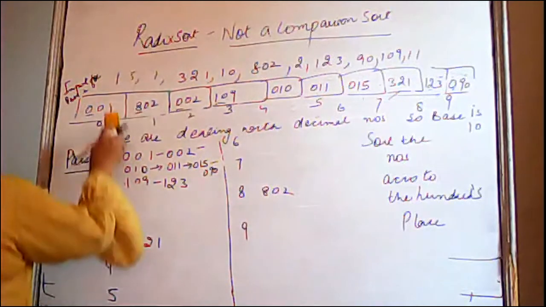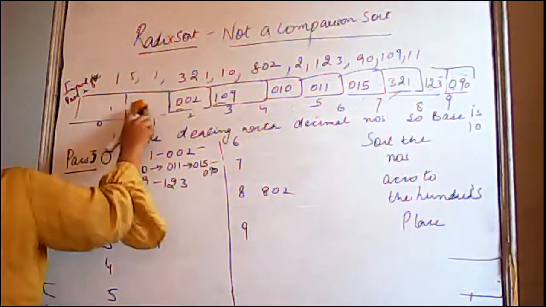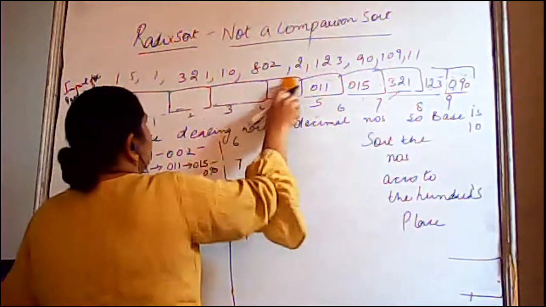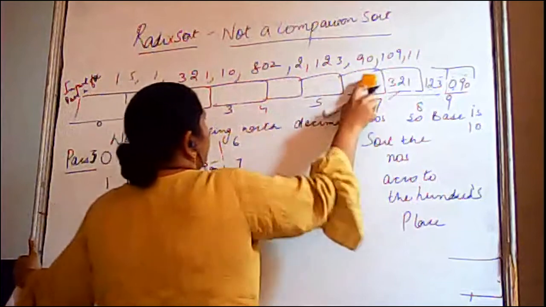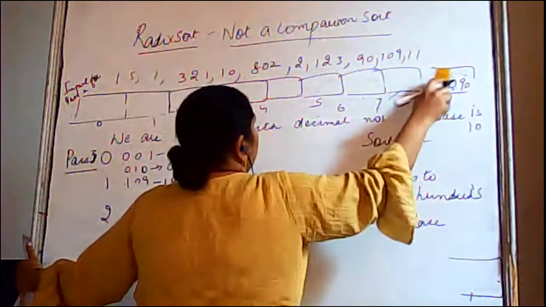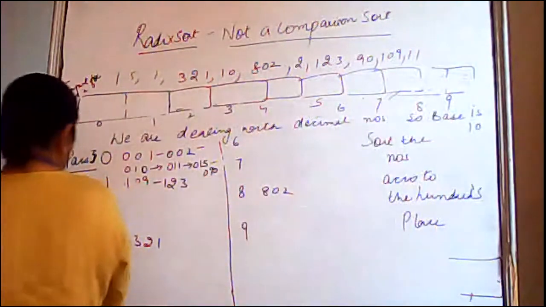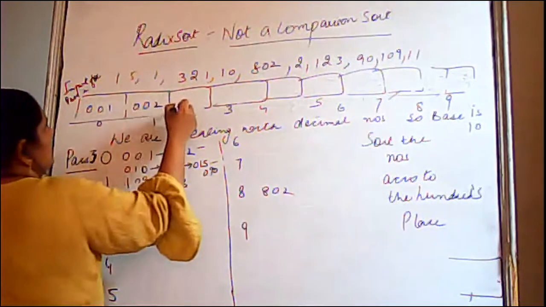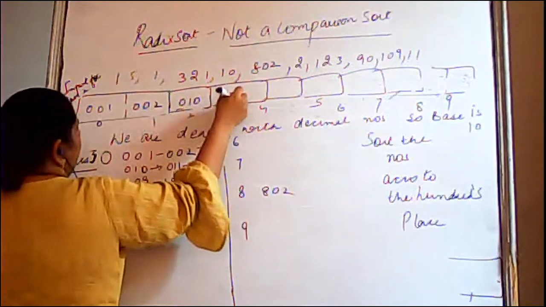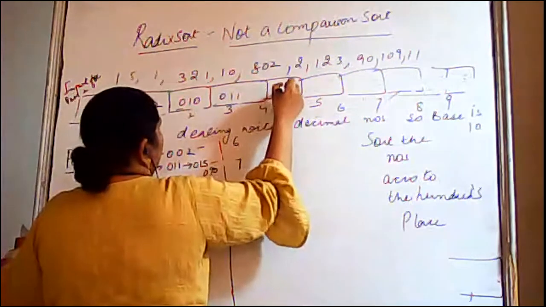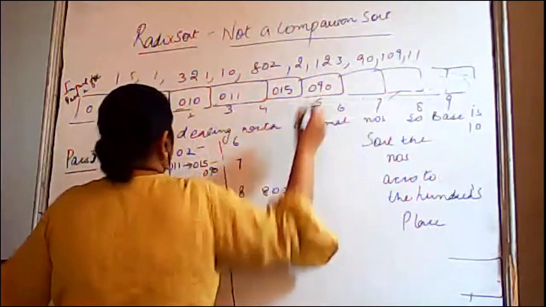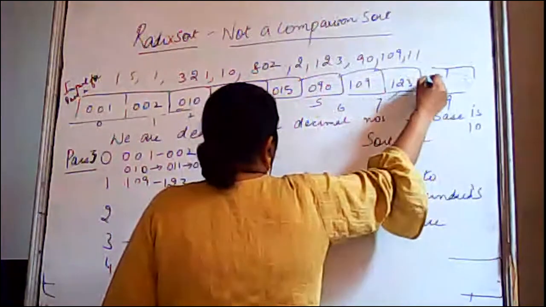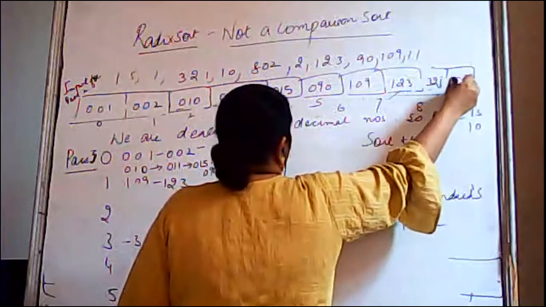So what will be the answer? 001, 002, 010, 011, 015, 090, then we have 109, 123, 321, and 802.